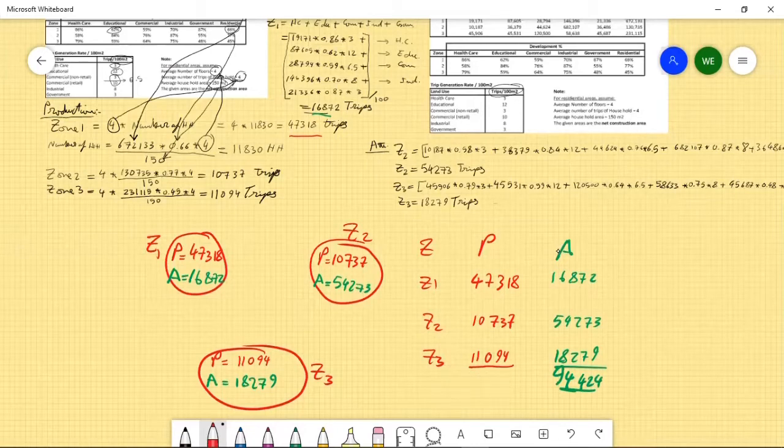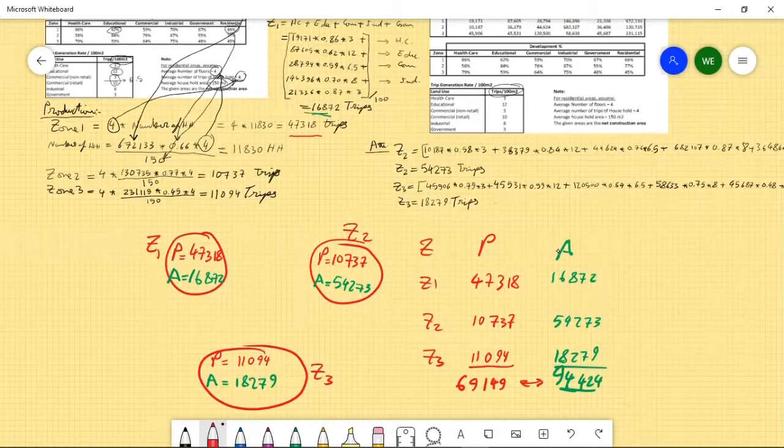How much was that again? 69,149. Okay. So what does this mean? As I mentioned before, the attraction, that's a trip opportunity. But the production is more deterministic than the attraction.